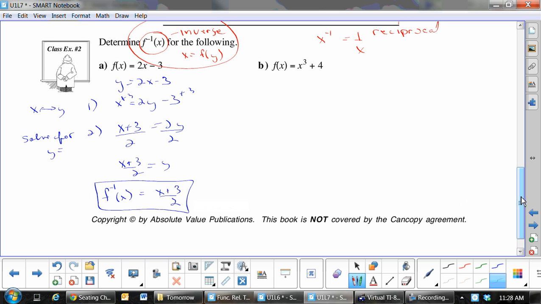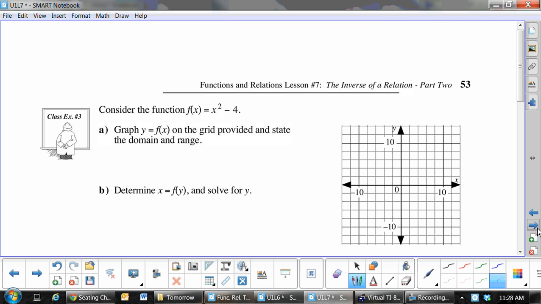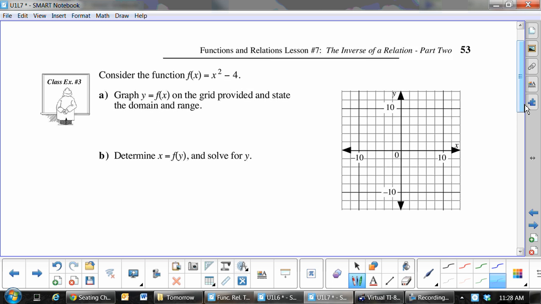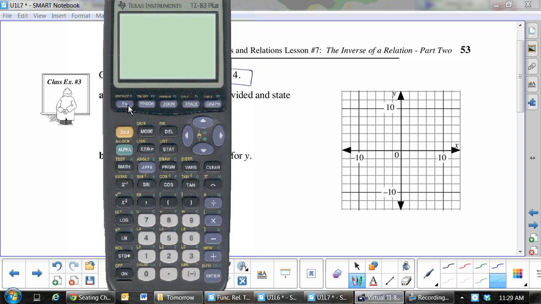Okay, now we're going to do the next two examples. So, if I have f of x equals x squared minus 4, okay? Now, if we get our calculators out, let's just put in x squared minus 4.